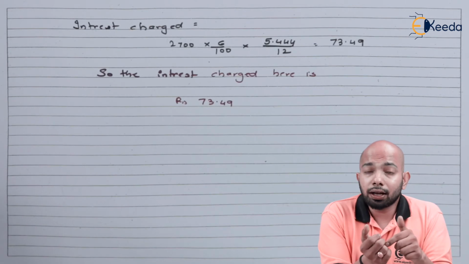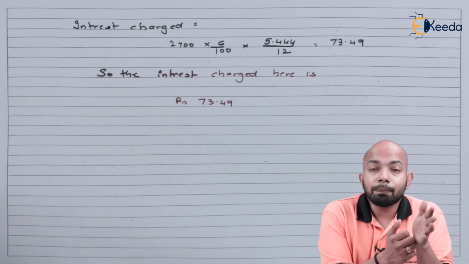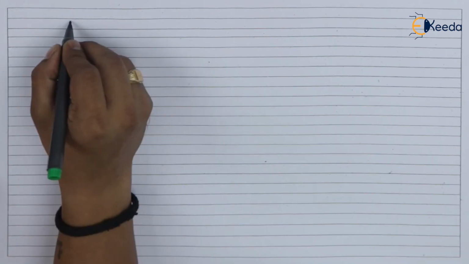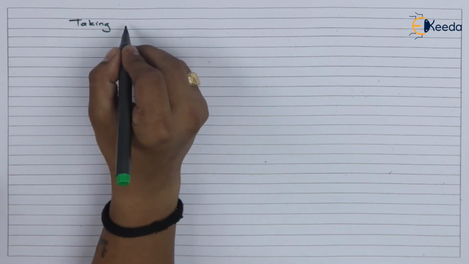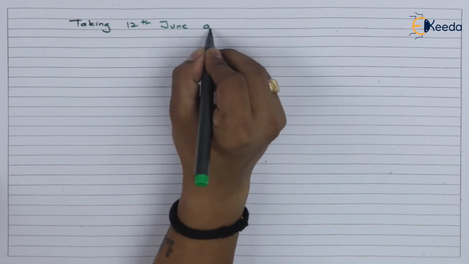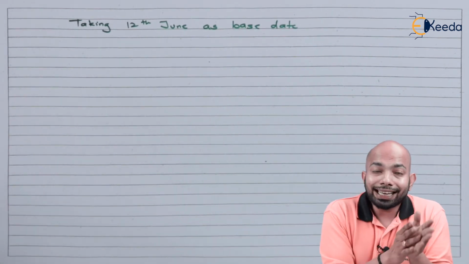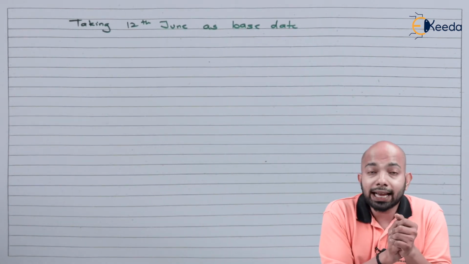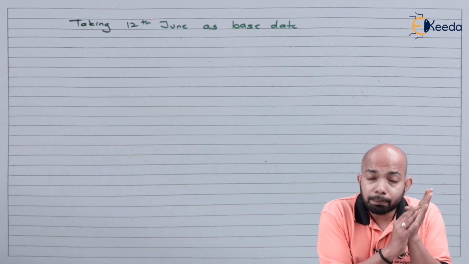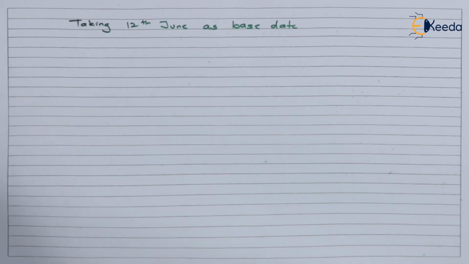Let's take the other scenario whereby we have taken B situation into consideration now. Now we shall take the next case, that is taking 12th of June as the base date. That means taking B situation into consideration.